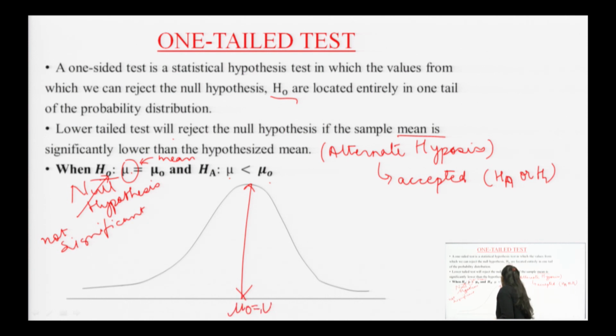When we are talking about one tail test, mu naught is equal to mu 1, and one tail means either of the two tails, either this is representing H naught or might be this part.